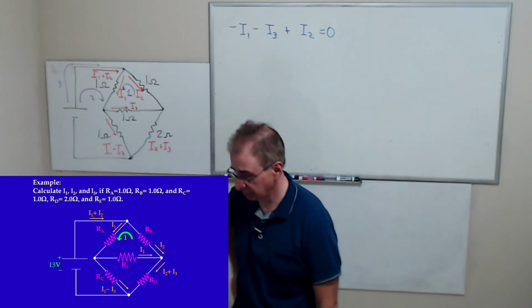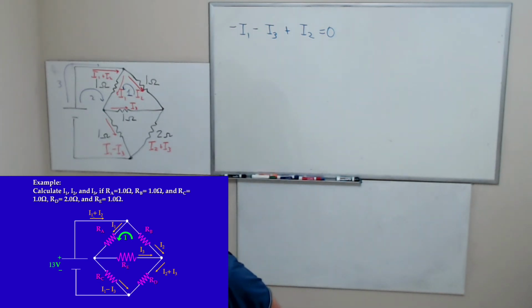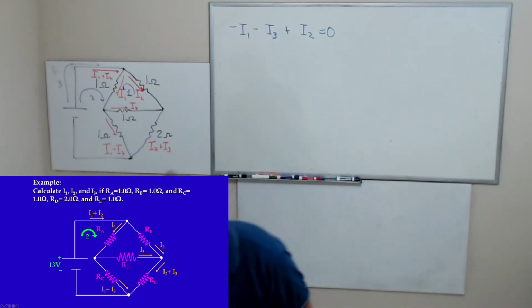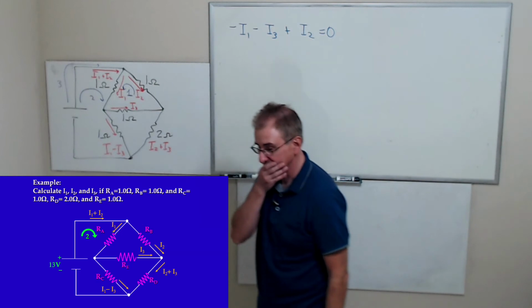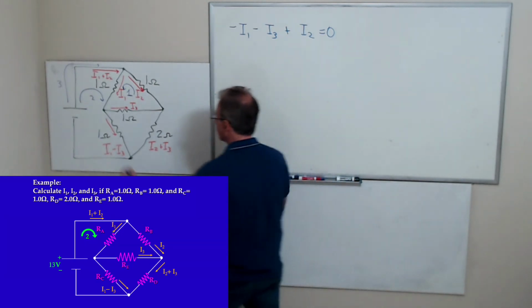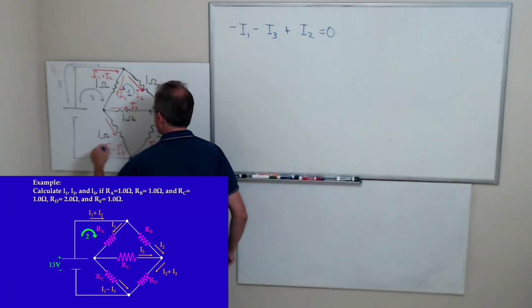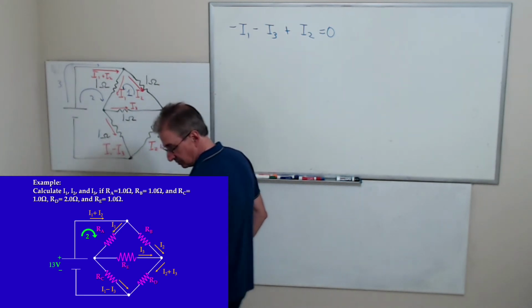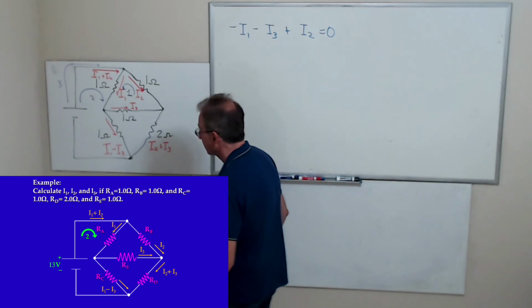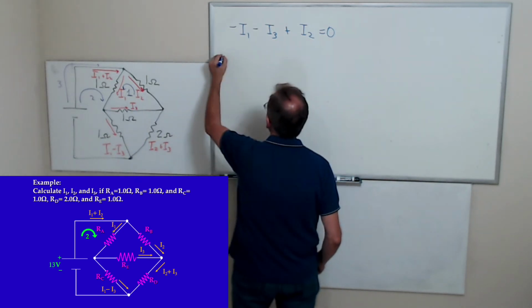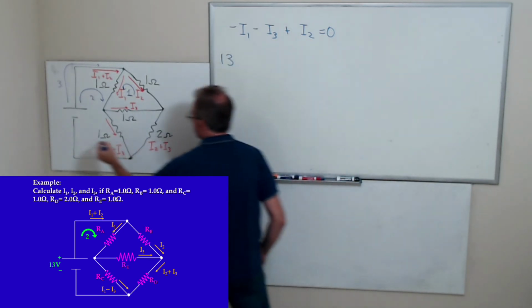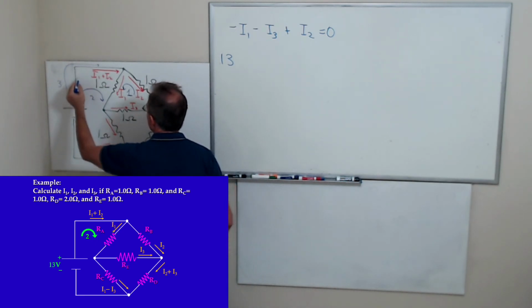My second loop is that one. So here's my second loop, this guy right here. I'll start at the battery. I'm going to go clockwise. The battery's 13 volts. I have a voltage gain. Right? I go this way from low to high.